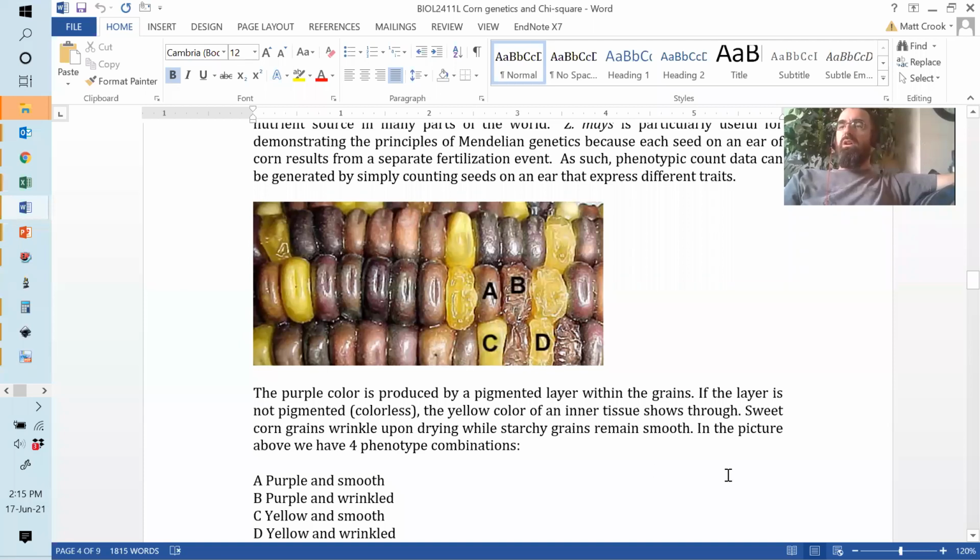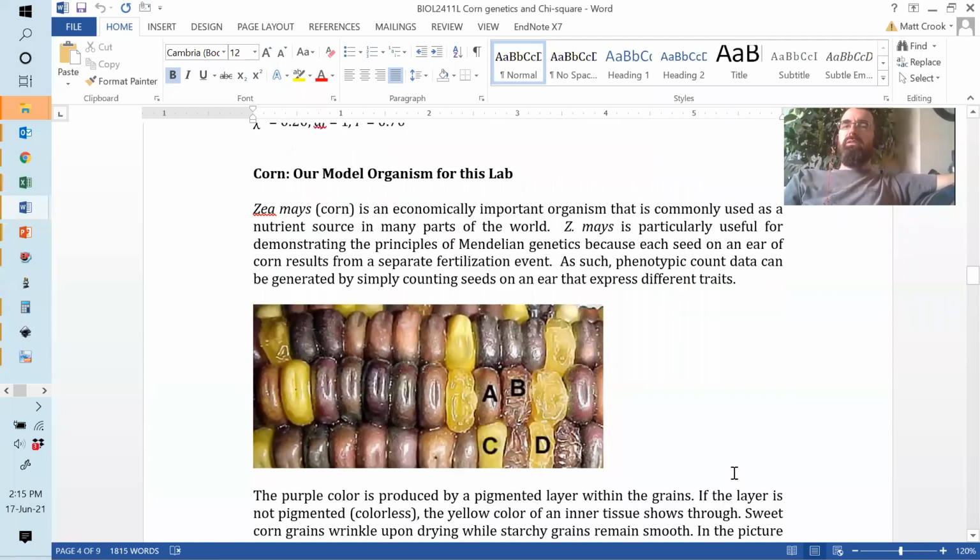And so the corn we're using, you'd actually have a corn cob in lab, but instead we're just going to use pictures, right? And you should be able, from these pictures, to determine the different phenotype combinations of each corn kernel. Essentially, a corn kernel is an F2 offspring of a cross between two heterozygotes, right?